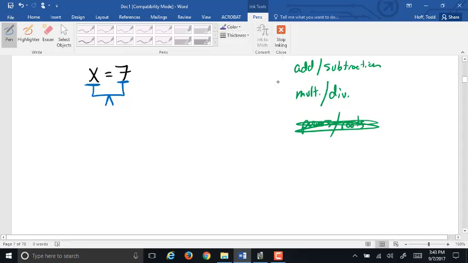So if I wanted to build an equation, I start, like I said here, with a variable equals a number, in this case, x equals 7, and I perform one of those operations on it. Let's say we're going to add 4 to this equation. So x plus 4 is simply x plus 4. Now, this scale is going to tip unless I do what?